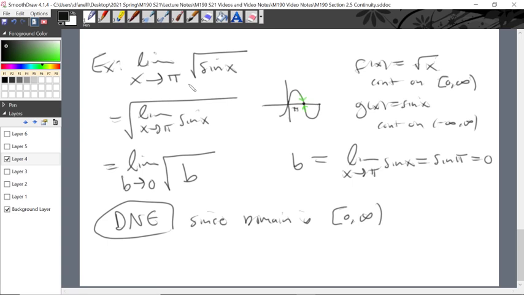So this limit right here is not simply evaluated by plugging pi in and taking the square root of the sine of pi, because the square root of sine of pi would just be equal to 0. The problem is that the inner function outputs a value by continuity, but also by continuity we are approaching that output value.